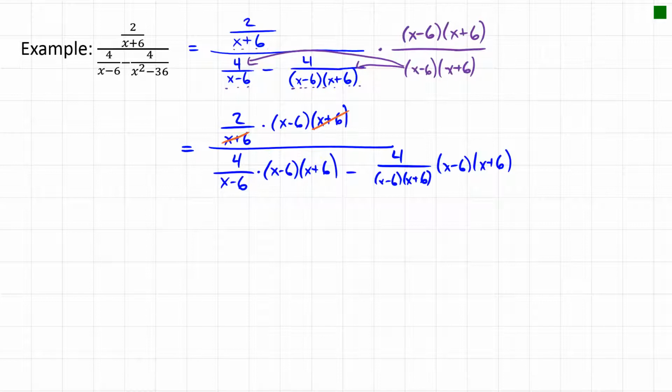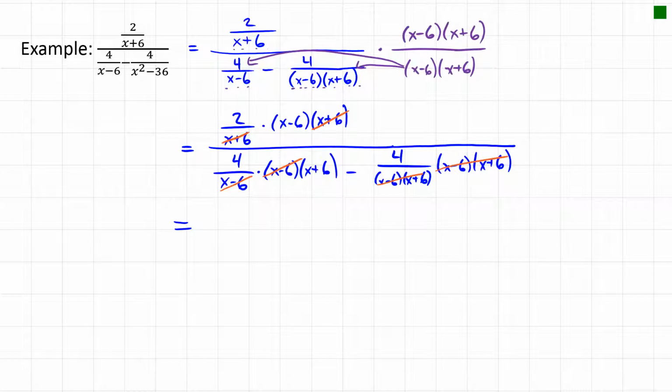Because you have to multiply it into each term in the denominator. And now I can go ahead and cancel whatever will cancel. So x minus 6, and both terms in the denominator cancel of that next fraction.